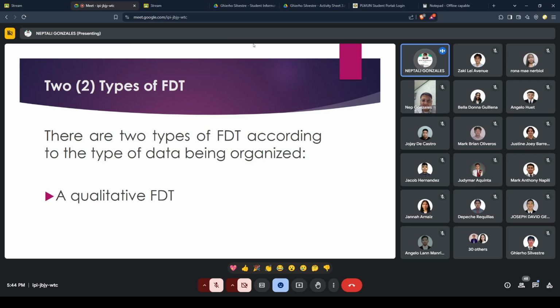The first type is the qualitative frequency distribution table. If there is a qualitative FDT, there is also a quantitative FDT. We will start with the difficult one, the quantitative FDT, and we will just have the qualitative FDT during our face-to-face class next week.